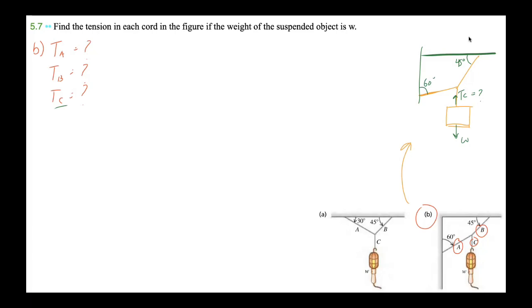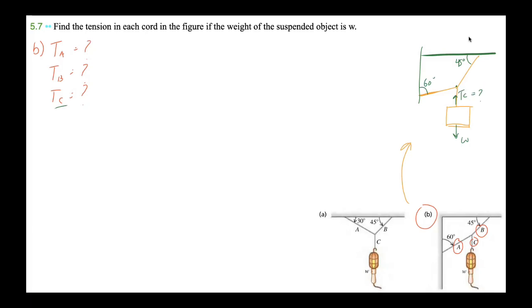Also, how do I know that TC and W are opposing each other? Because we know that this object is just suspended and in equilibrium. If it were falling, it would be a different story, but it's just in place. And if it's in place, that means all the forces are balanced out with each other. Then we're going to look at this point over here.